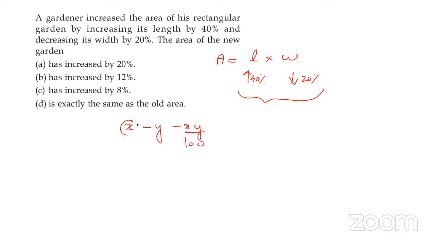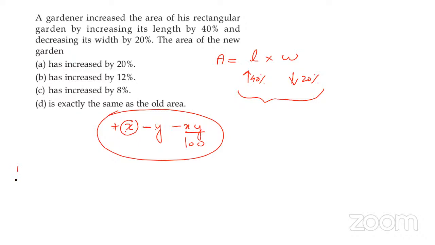Where x and y are the percentage change, and I'm putting a minus sign because for a decrease, we put a minus sign. And for increasing, you put positive. So since it is increase and decrease, the formula becomes x plus y, with plus into minus becoming negative, minus xy by 100. So this is the formula you can use.